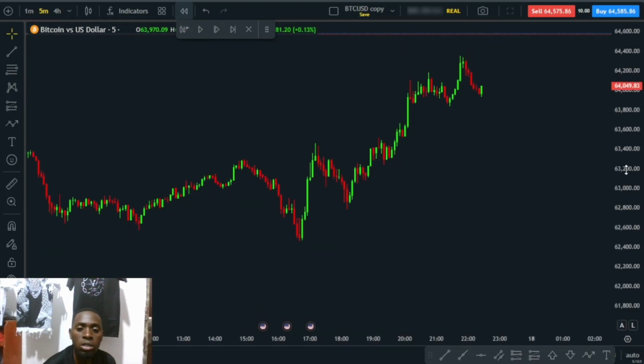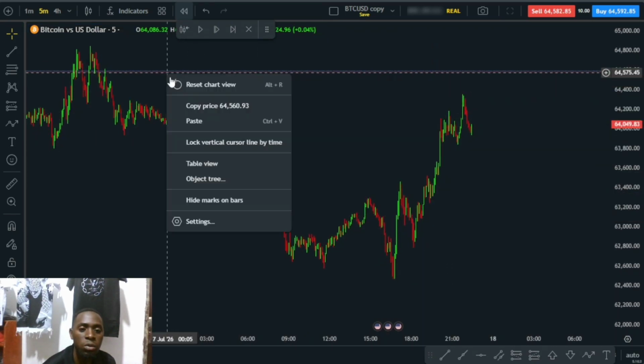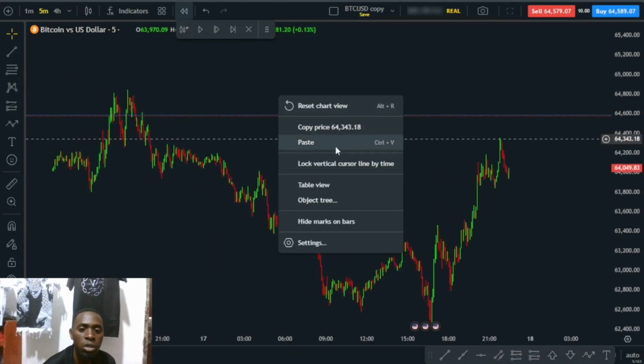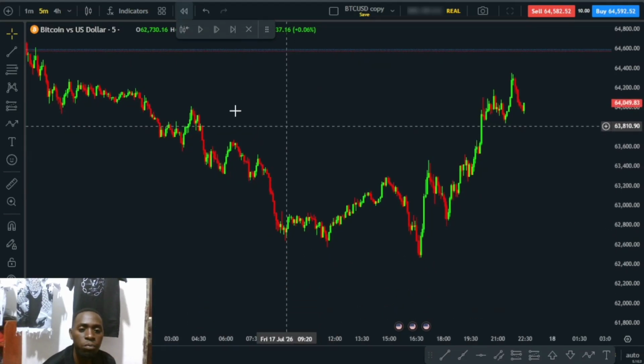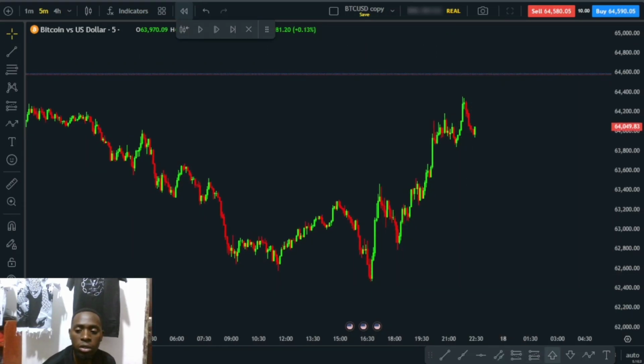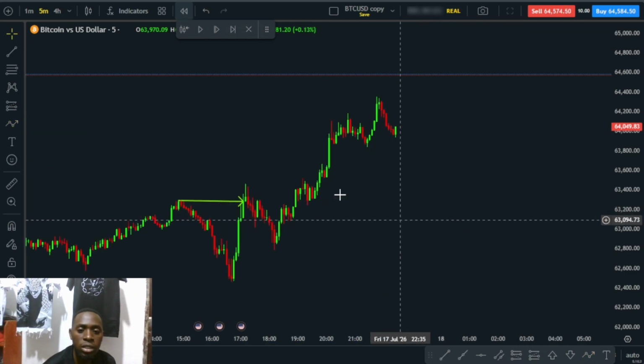From our previous market structure, we noticed the market was having a series of lower lows and lower highs. After it reached somewhere here, we got a structure shift right there. What are we exactly looking for?